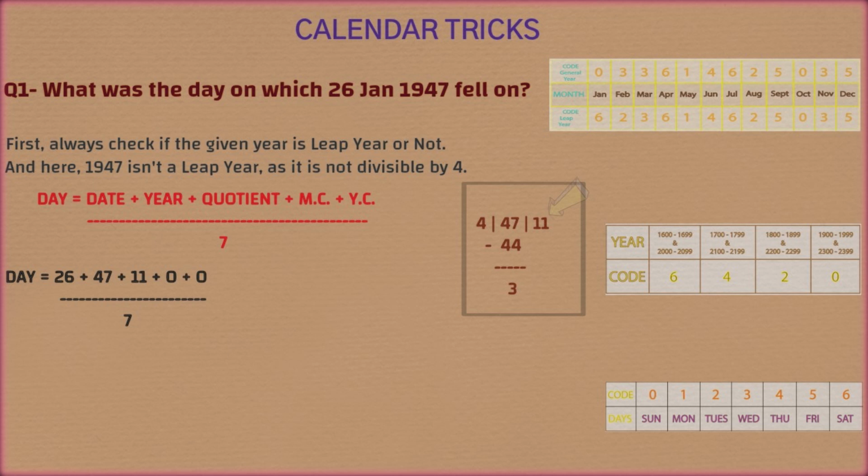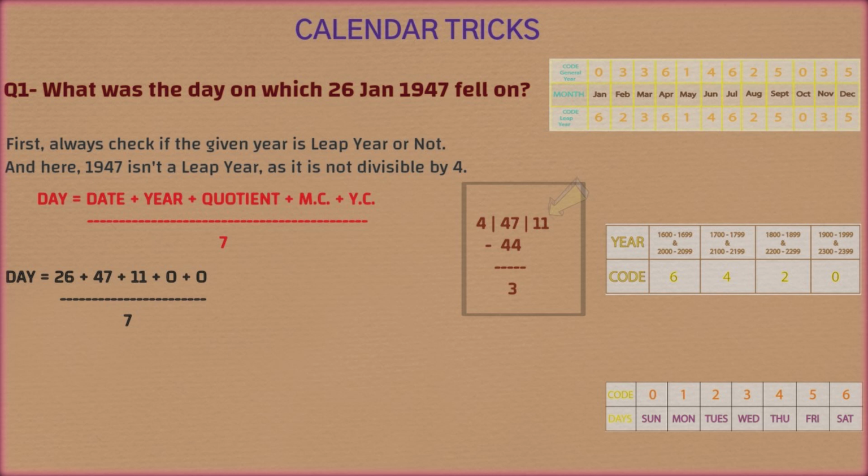Now we need to substitute the month code, and as 1947 is not a leap year, the month code for January will be 0. Finally, the year code. 1947 falls in the category of 1900 to 1999, and the year code for it will be 0.